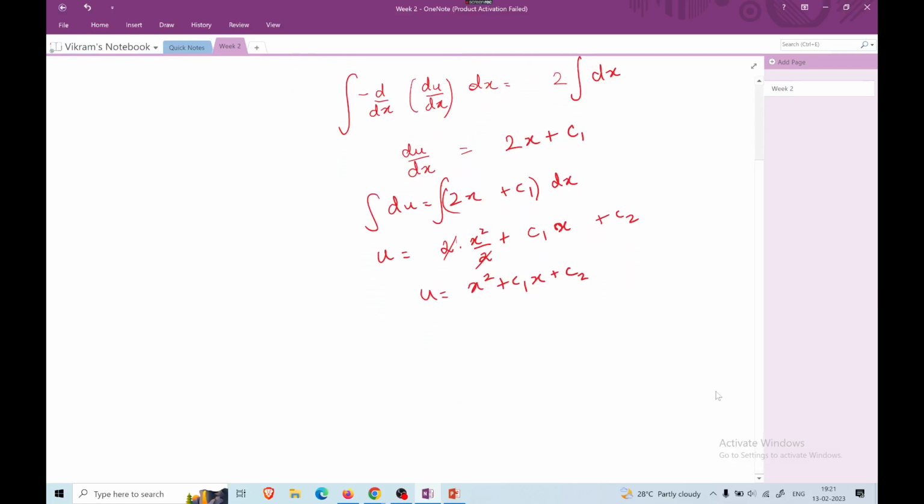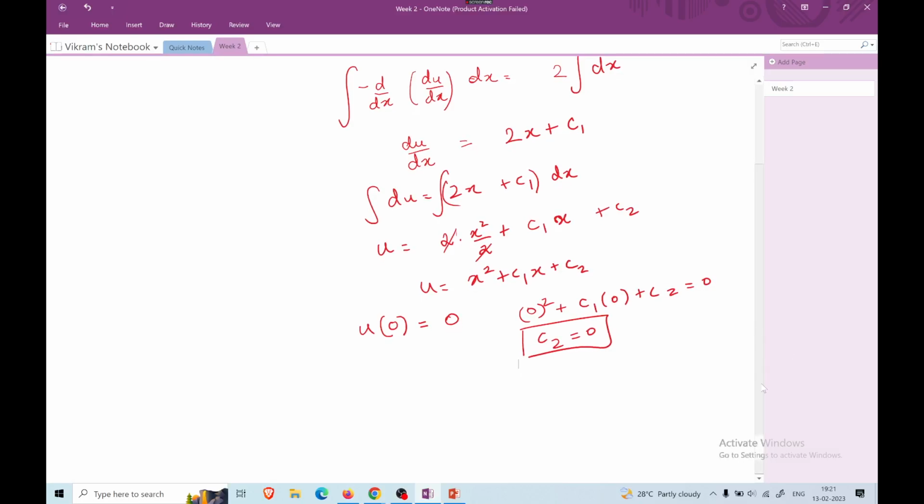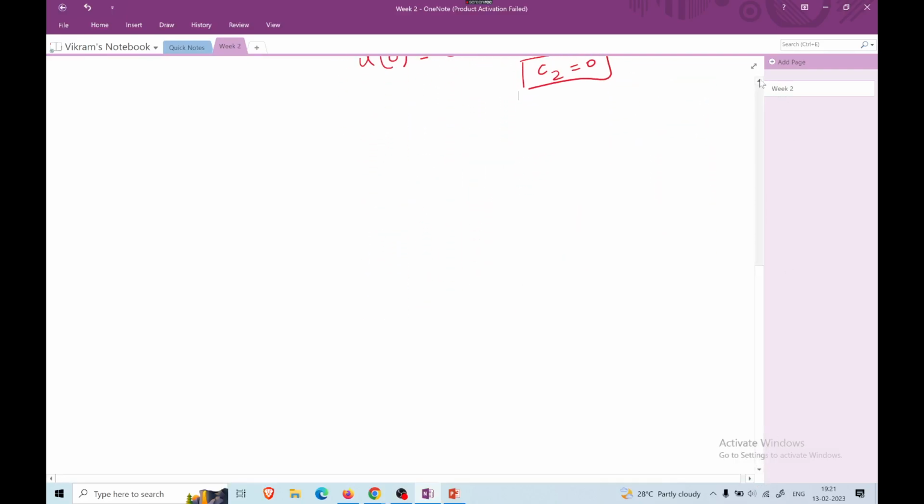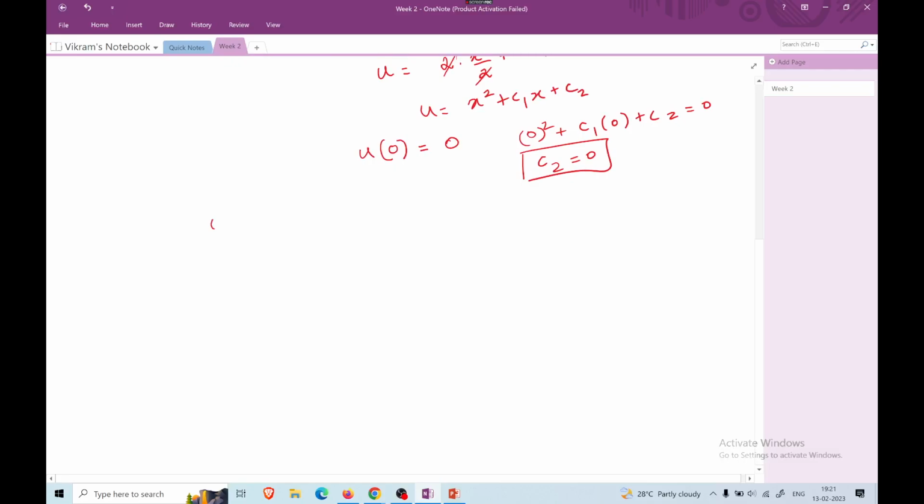So I am just finding the exact solution. After finding the exact solution, we are going to find the FEA solution, and after finding the FEA solution, we are going to substitute both in the energy norm and the L2 norm. That is the procedure. I have two cases. u of 0 is equal to 0: substituting, 0 square plus c1 into 0 plus c2 is equal to 0, so c2 is equal to 0. Now u becomes x square plus c1x.